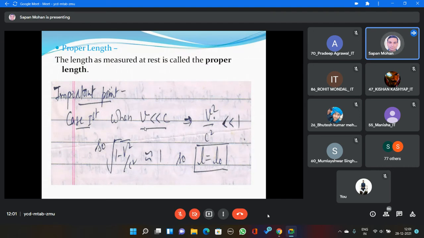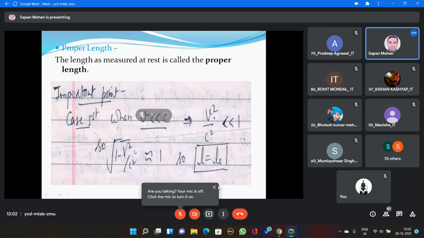Okay, so an important point: again we will write the three cases. First case, when V is very much less than C. What happens then? V square by C square is very much less than 1, so this factor will be almost equal to 1.